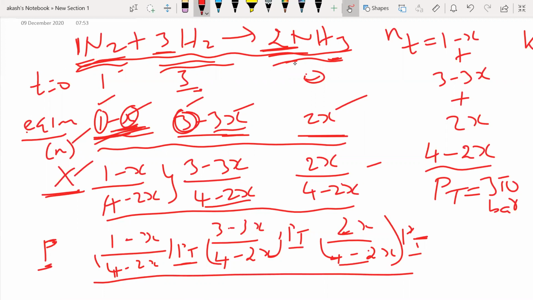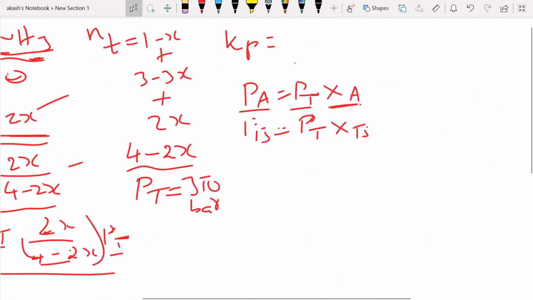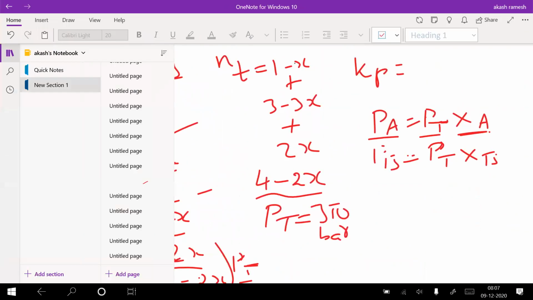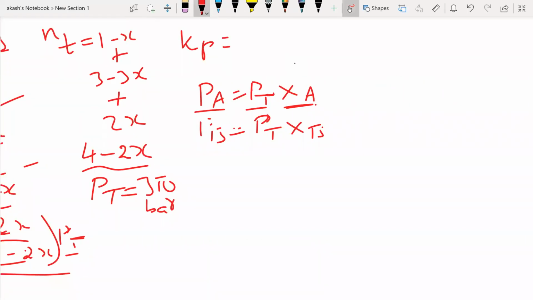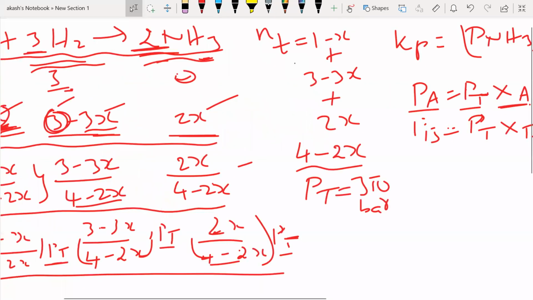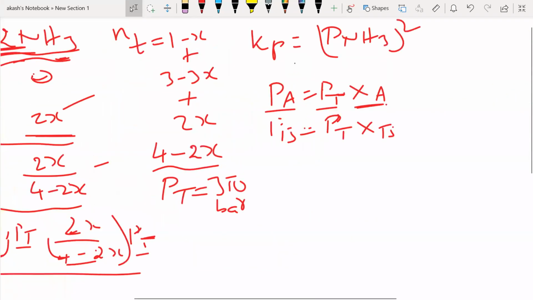That's it, right? Now, if I go to my Kp equation, what do I need? It will be partial pressure of NH3 squared, because you can look at the equation, it is 2NH3, N2 and 3H2, right?